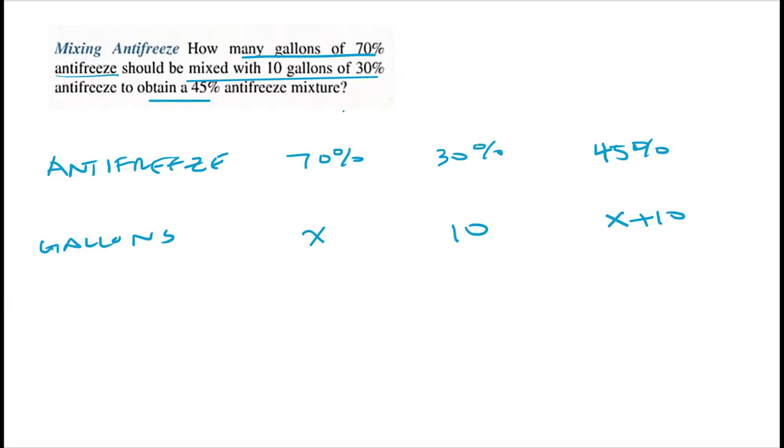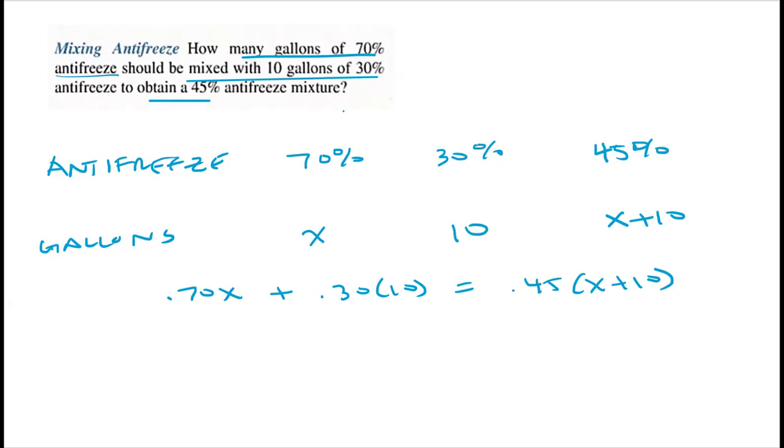And then I just set this up. I'm going to have 70% of X, so that's 0.70X, plus 30% of the 10 gallons, so 0.30 times 10, equals, because this is my output, 45% or 0.45 times X plus 10.